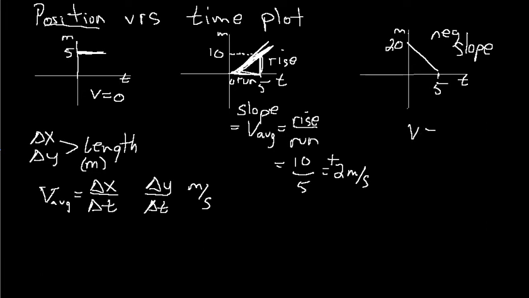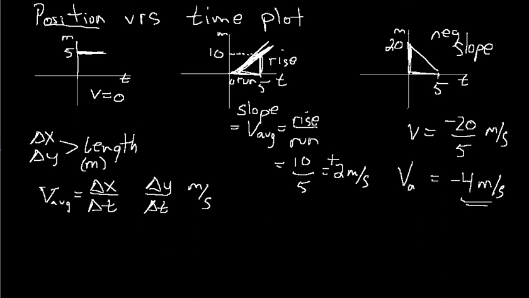So in this case, it's going to be the rise over the run. Now you're dropping down 20 and you're going over 5. So you're going down 20 over 5 meters per second. In this case, that would be minus 4 meters per second, your average velocity for this kind of plot.